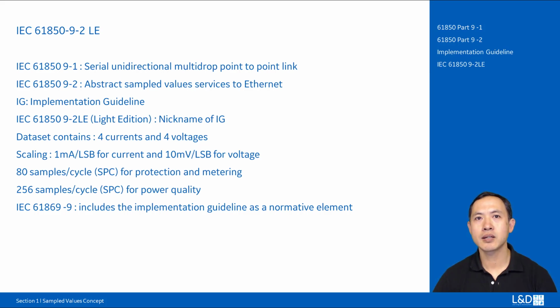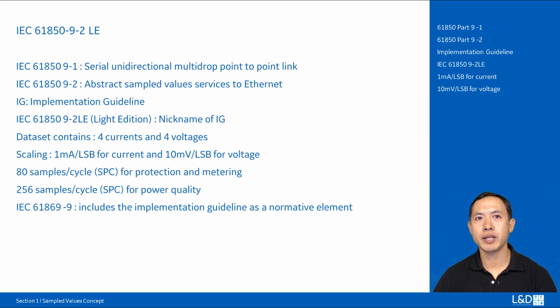The dataset contains 4 currents and 4 voltages, with a scaling of 1 milliamp per least significant bit for current and 10 milliamp per least significant bit for voltage.